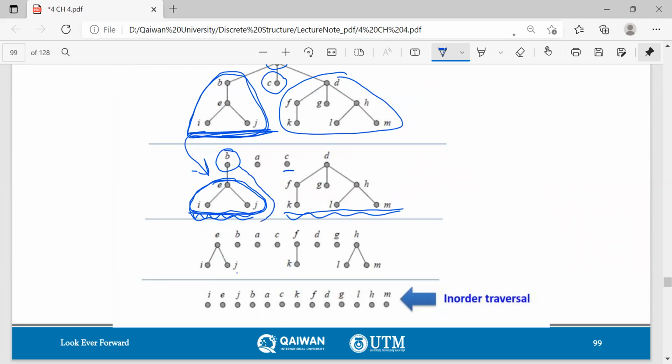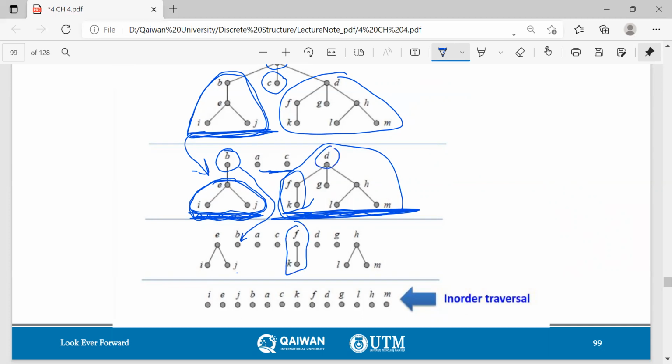Yeah, B is the root, and it has only this subtree. We write it down. Then we have A and C. We write down in the same order. Then to this subtree, or this tree, we write down the left one, which is F, K.